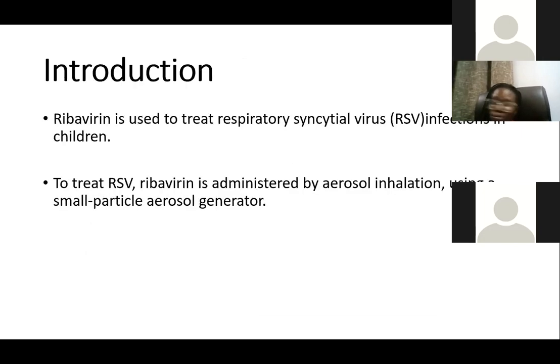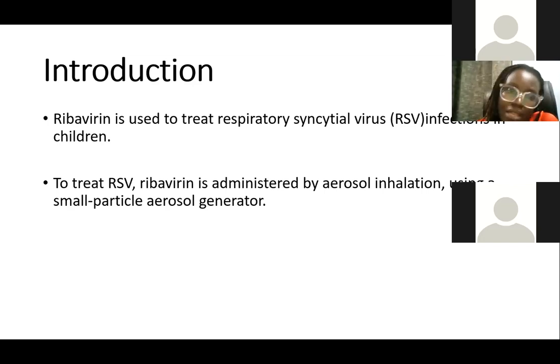Okay, so the last medication we'll look at is Ribavirin. Ribavirin is used to treat respiratory syncytial virus infections in children. You remember respiratory syncytial virus infection is a common cause of bronchiolitis, and so Ribavirin is used in the management of bronchiolitis.